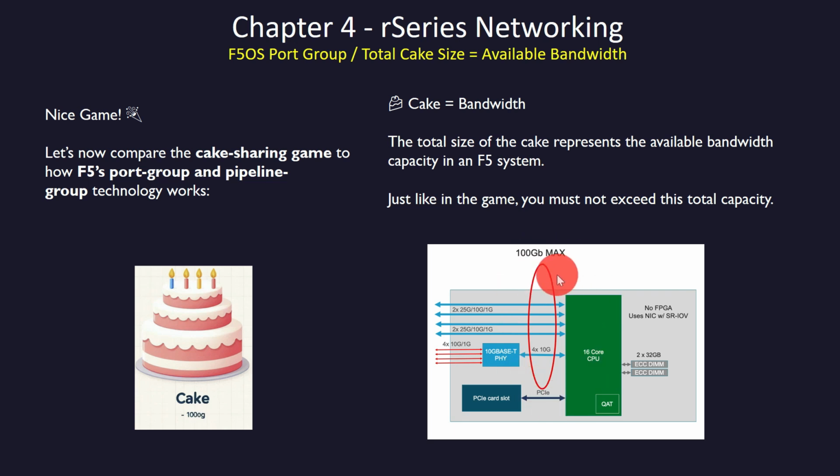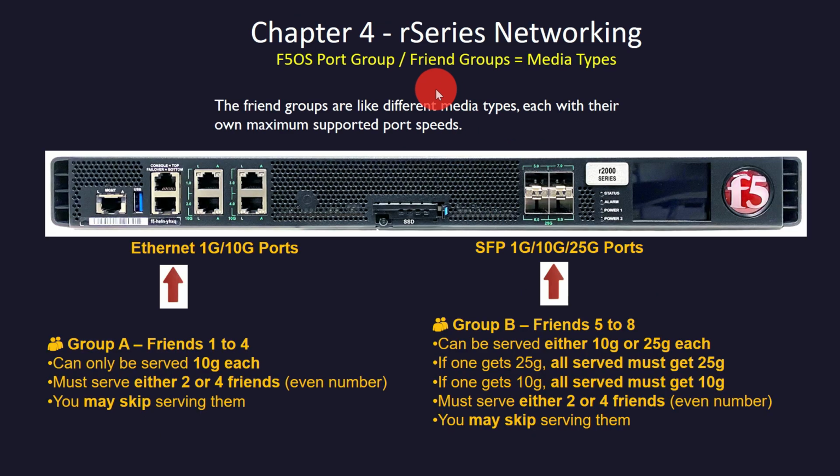Just like in the game, we must not exceed the total bandwidth. Second comparison. Different media types and port speeds. The friend groups are like different media types, each with their own maximum supported port speeds.